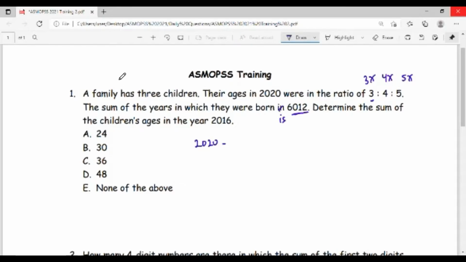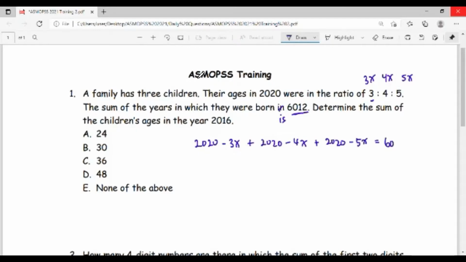For the youngest child, it is 2020, the current year, minus the age, and then add the year in which the second child was born, 2020 minus 4x, and also add the year in which the eldest child was born, which is 2020 minus 5x.